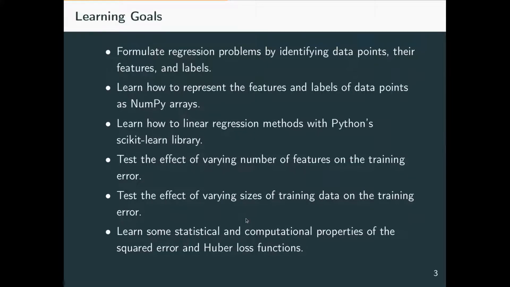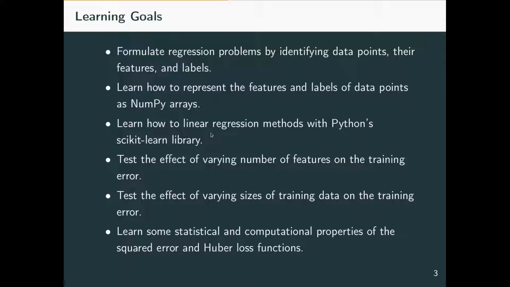The learning goals for this week are: formulate regression problems by identifying the data points, their features, and the labels. You should be able to make the distinction between those three. It's not always so clear, and it can be tricky sometimes, but you will see an example in this round. Then learn how to represent the features and labels of data points as NumPy arrays.